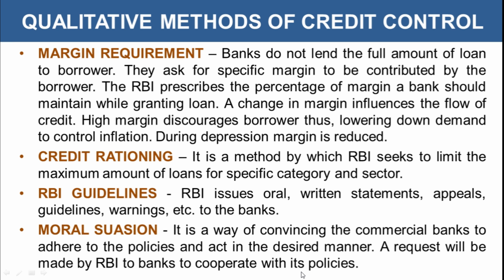So these were all the quantitative and qualitative methods of credit control with the same concept of controlling the money supply in the economy and to control the situations of inflation and depression, thus to maintain a balance in the economy and to boost overall economic development with stability.